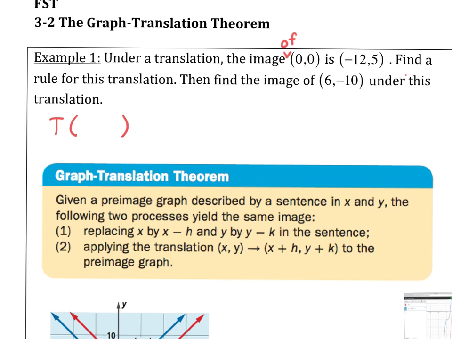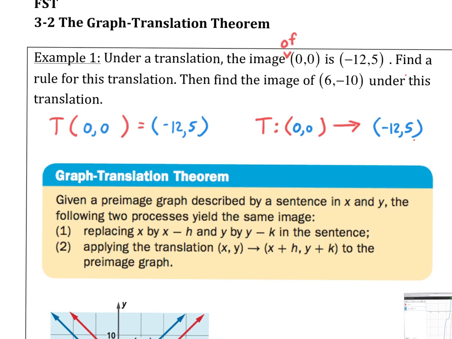We can write it like this, with an equal sign, or we can say that T with a colon and have our point, use our fun arrow, and go somewhere else. Okay? So our original point here is 0, 0, and it simply gets mapped to negative 12, 5. Or I say the translation of 0, 0 is mapped to negative 12, 5. So two different ways to write that.